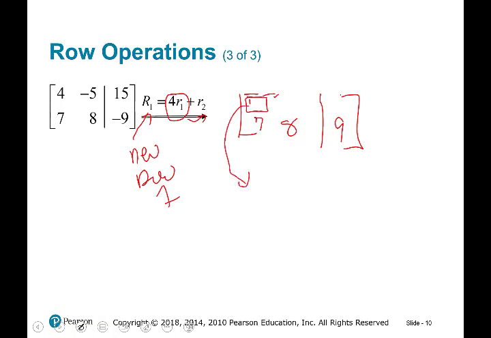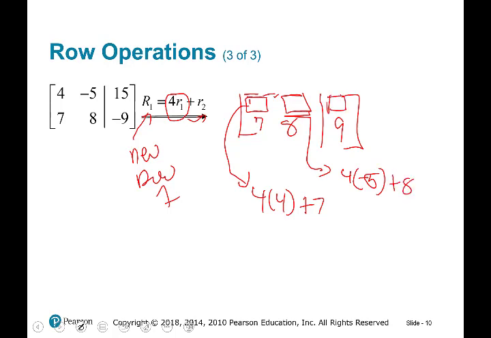let me go down here. So this will be 4 times 4, and then we add row 2, plus 7. This one here will be 4 times the whole row, 4 times minus 5, and we add 8. And the value that goes here will be 4 times 15, and we add minus 9. Okay, so you can get the values.